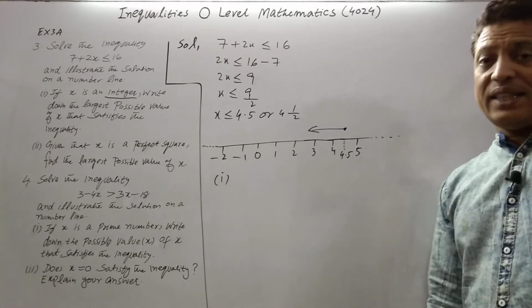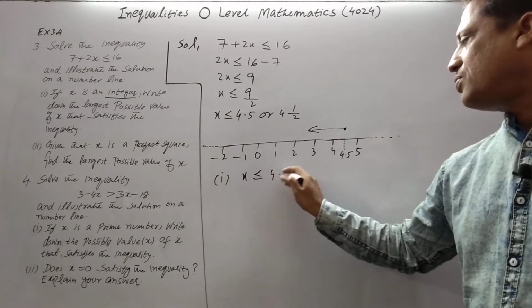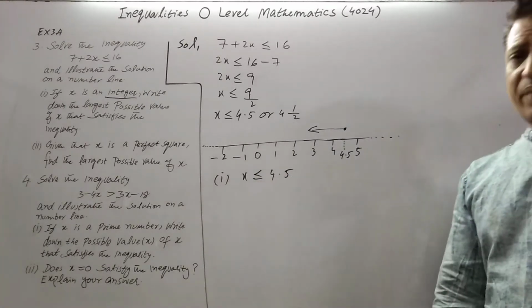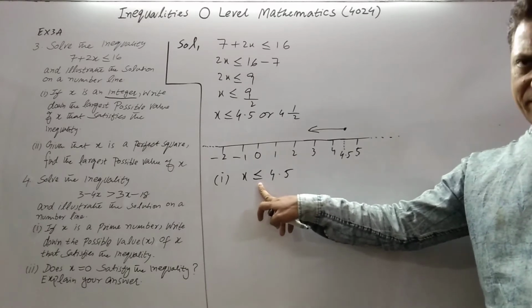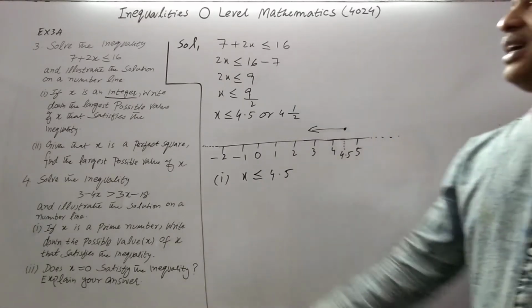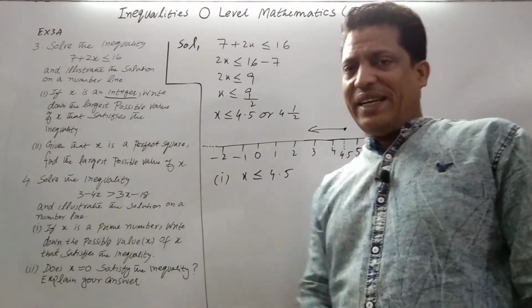Very easy. Take the solution. This is our solution: x is less than or equal to 4.5. Less than or equal to 4.5 means 4.5 is included because of the equal sign, but the requirement is to write down the largest possible value of x, where x is an integer.